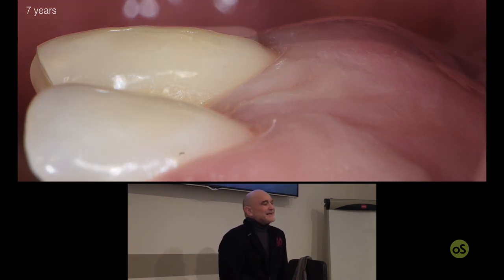So we really changed completely the surgical procedure once we understood that it is the flap that is going to cover the root, giving stability to the surgical area, and the graft is only used when the flap itself doesn't have enough keratinized tissue.